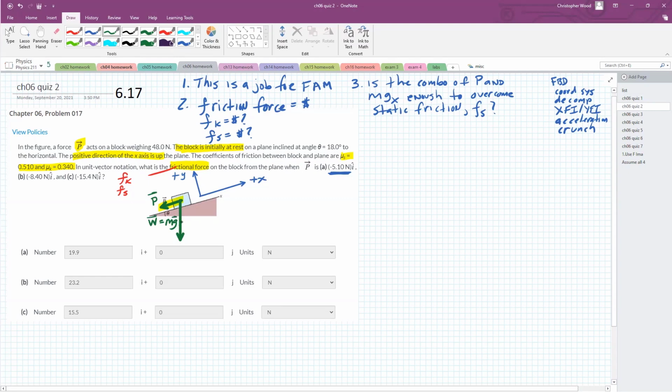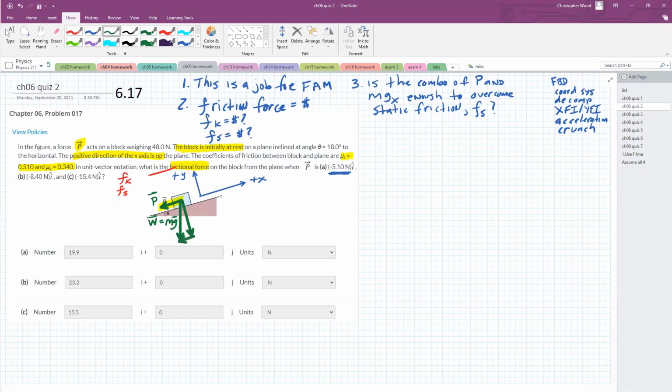All right. So I'm not going to draw friction because, to be honest, what kind of friction do I have? What kind of friction I have is going to be based on the combination of the P force and mgx. I keep saying mgx, and you should know this by now. When I break things into components, that's the y component, and this is the x component.